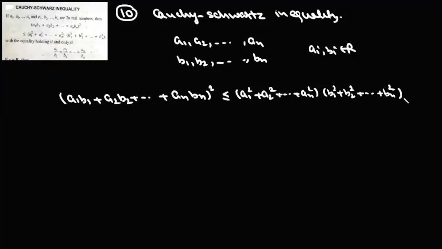This is also called as dot product inequality, and we know that in dot product a dot b is less than or equal to mod a into mod b.